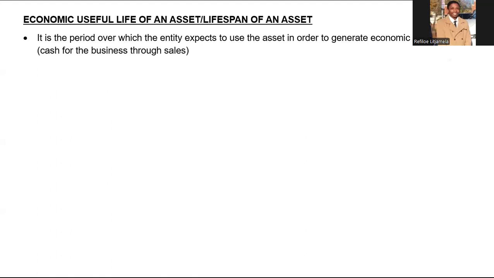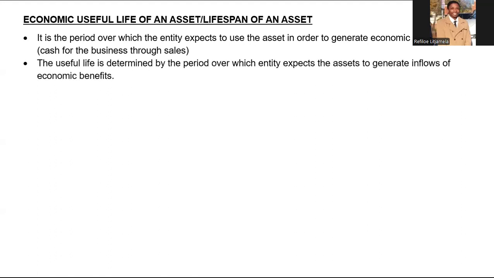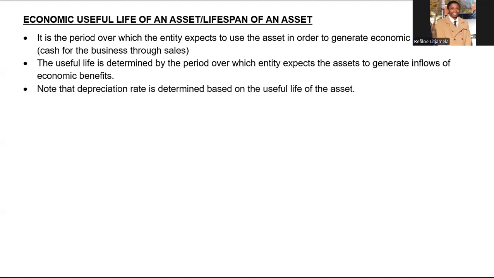The useful life is determined by the period over which an entity expects assets to generate inflows of economic benefits. Know that depreciation is a rate that is determined based on the useful life of the asset.